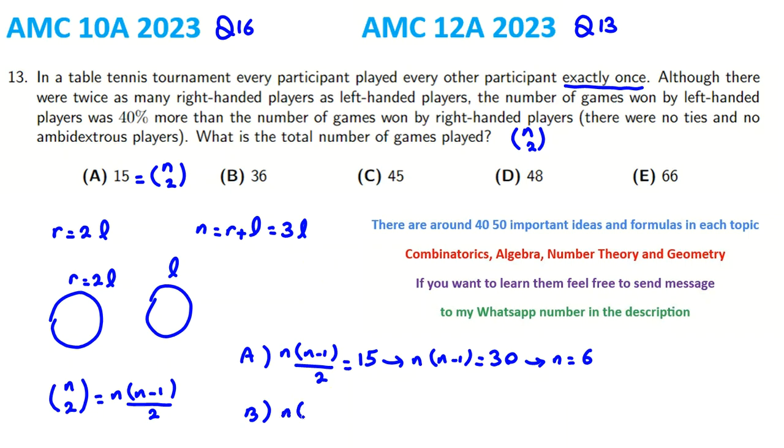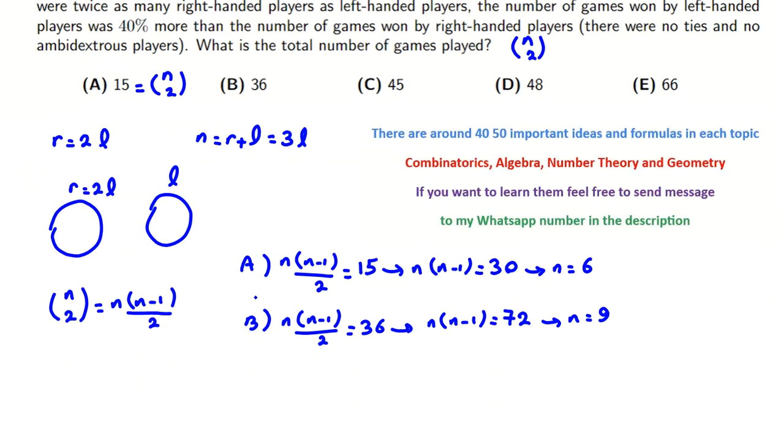For choice B, N times N minus 1 over 2 is 36. This is a necessary condition, not sufficient; we want to see which choices we can reject. N times N minus 1 is 72, 9 times 8, so N is 9. Let's check choice C. N times N minus 1 over 2 is 45.